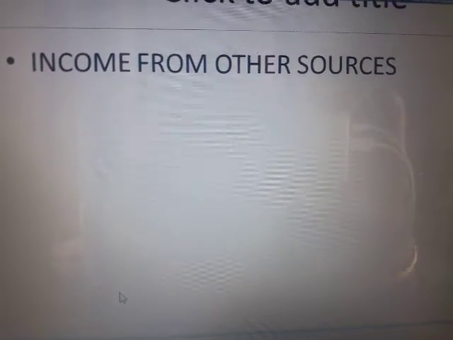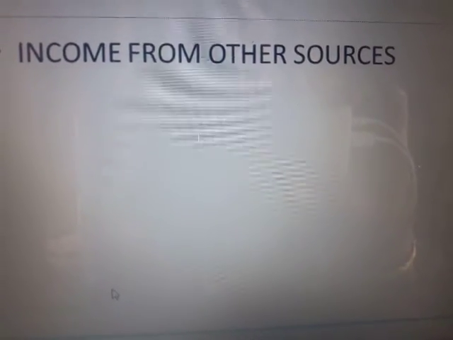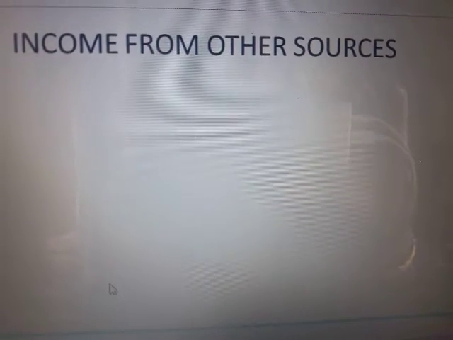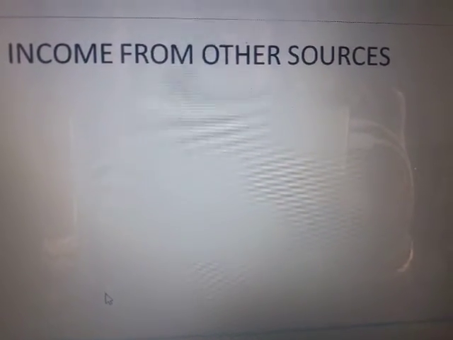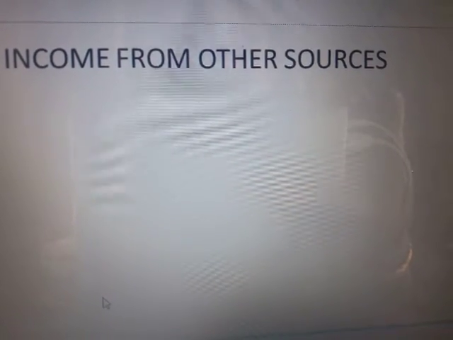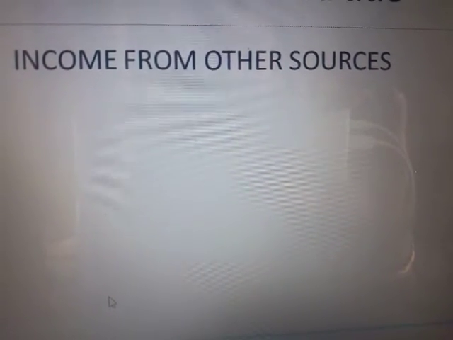So 10 lakhs means 30% you must pay as tax, which means 3 lakh rupees you must pay as tax. Then you will get only 7 lakh rupees. So this 7 lakh rupees is called income from other sources.